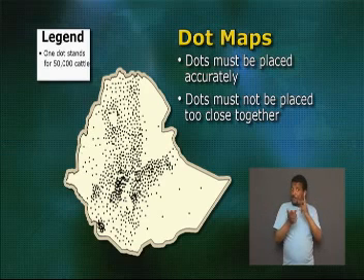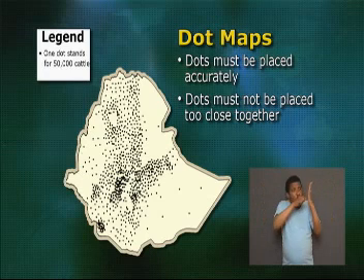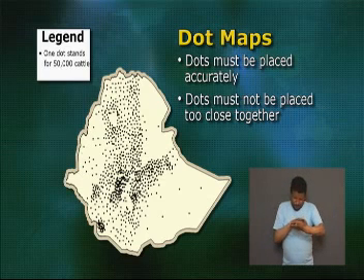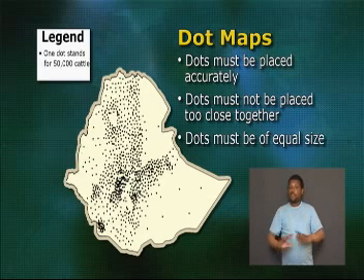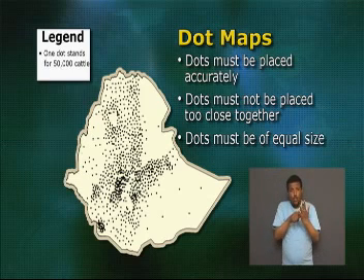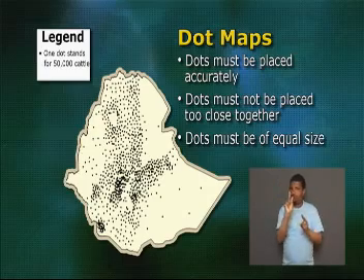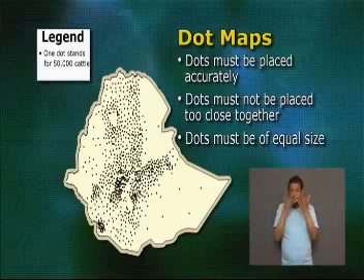Second, it is necessary to ensure that the dots are not placed too close together, or the map reader will be unable to distinguish between them and will gain a false impression of the values in a given area. Third, the dots must be equal in size so that they do not become confusing.